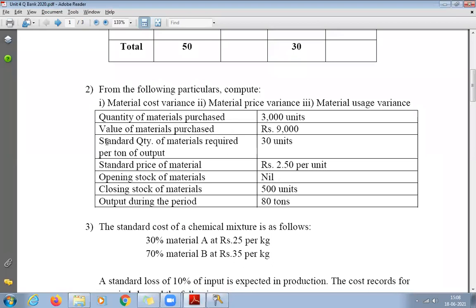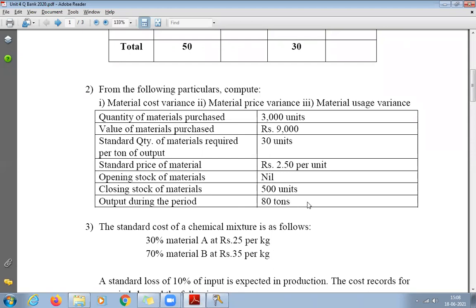The standard quantity of material required for 1 ton of output is 30 units. The standard price is 2.5. Opening stock is not given, closing stock is 500, and the output during the period is 80 tons.